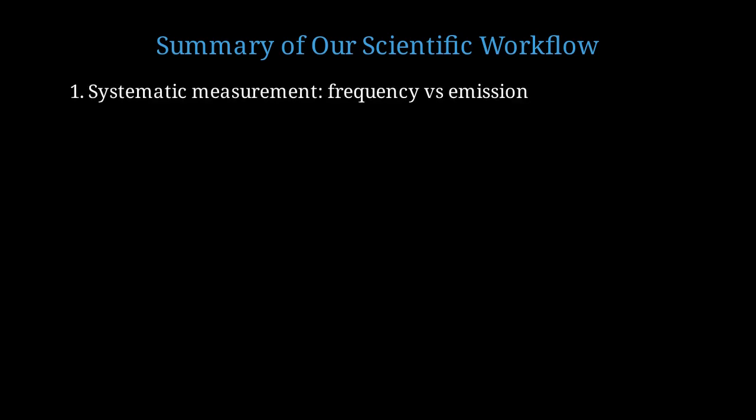Let's review the rigorous workflow we followed. This is how science actually progresses. Step 1. Systematic measurement. We measured electron emission versus light frequency and discovered sharp threshold behavior. Step 2. Controlled experiments. We systematically separated frequency effects from intensity effects. Step 3. Reproducibility. We verified the threshold exists for all metals, though the specific value varies.